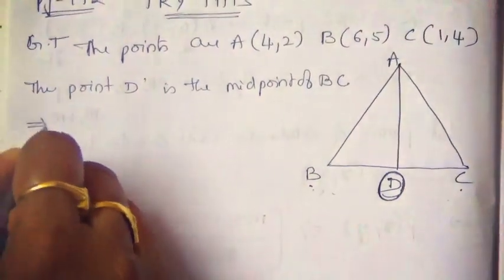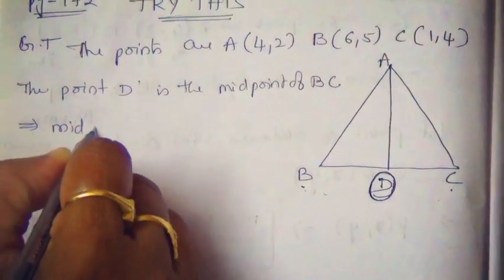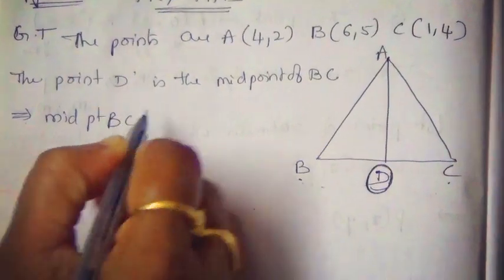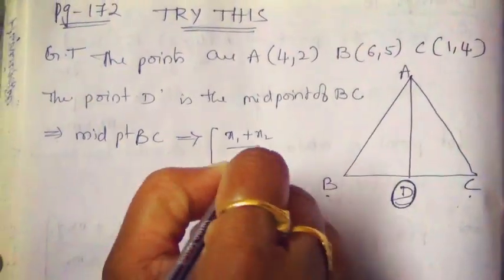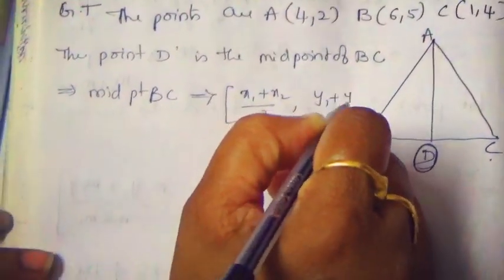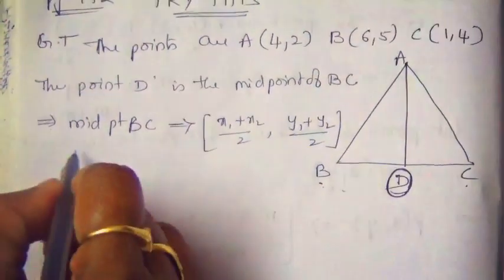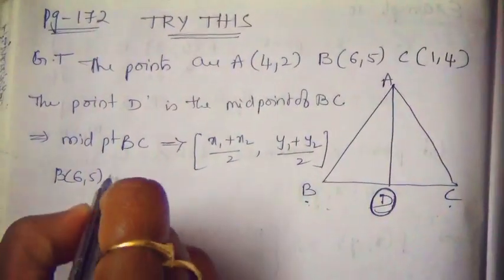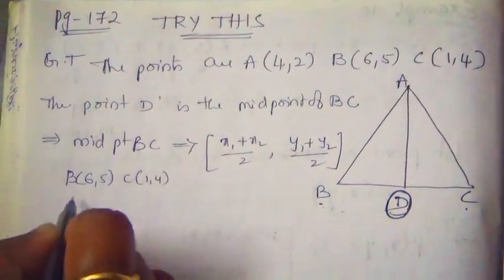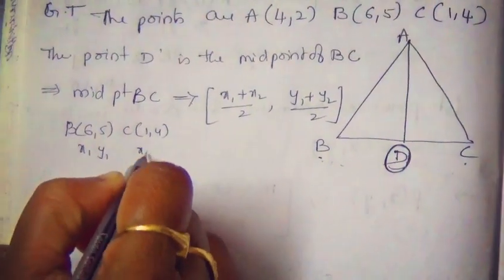So that implies the midpoint of BC is equal to, what is the formula? x1 plus x2 by 2, y1 plus y2 by 2. What is B? 6, 5. What is C? 1, 4. Let us take these points as usual.